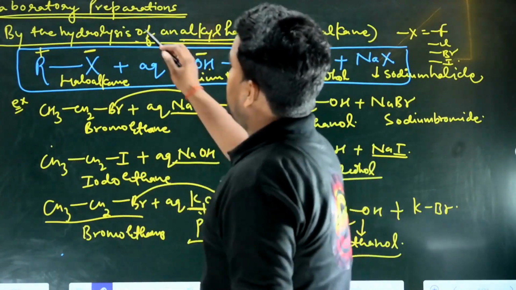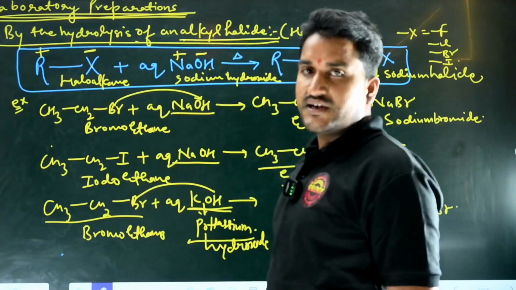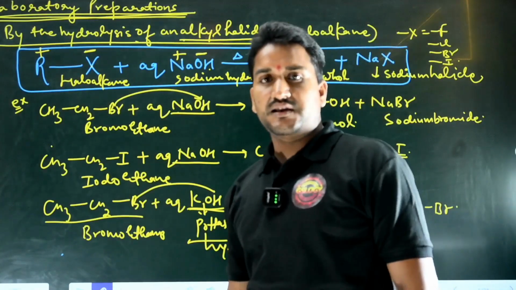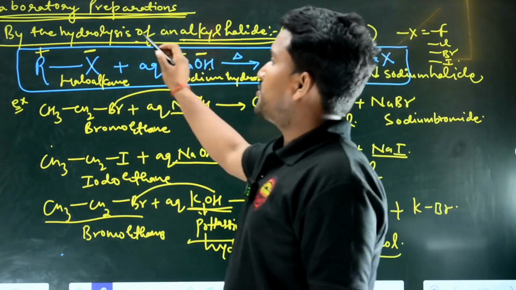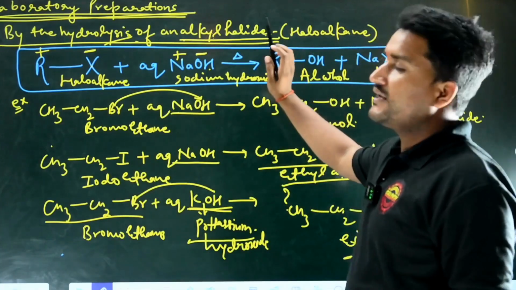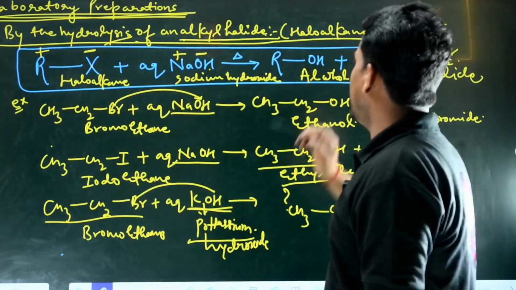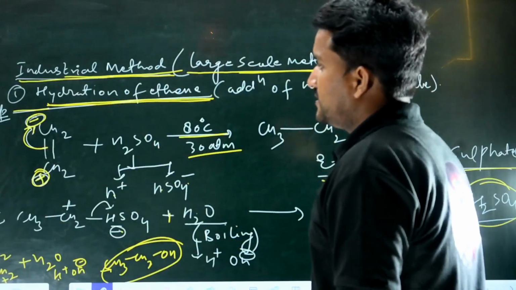Which method is this? Laboratory method. It means by this method you can obtain ethyl alcohol in a lab by the process of hydrolysis of the alkyl halide, and alkyl halide is also called haloalkane. Yes.